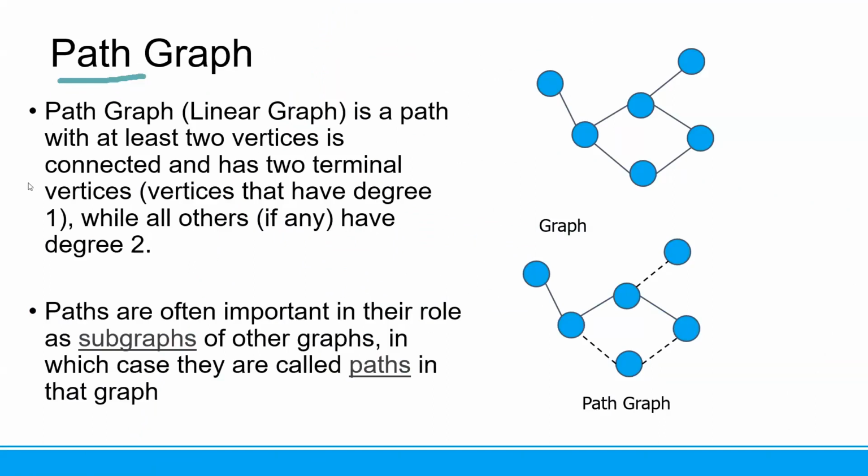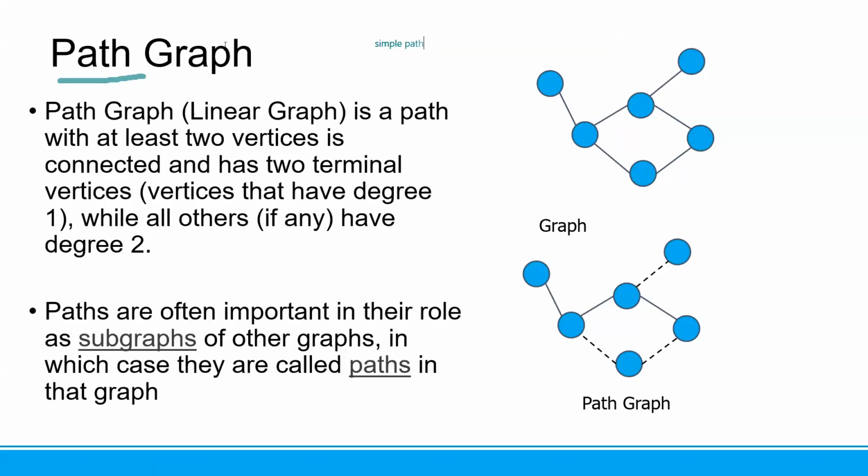Do you still remember what a simple path is? We have the simple path, we have simple cycle. Simple path means we want to visit every vertex one time, unique or distinct. There should be no duplication.